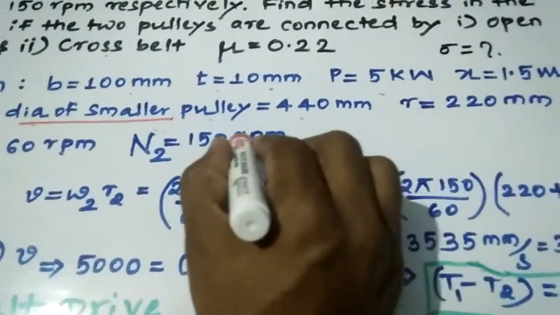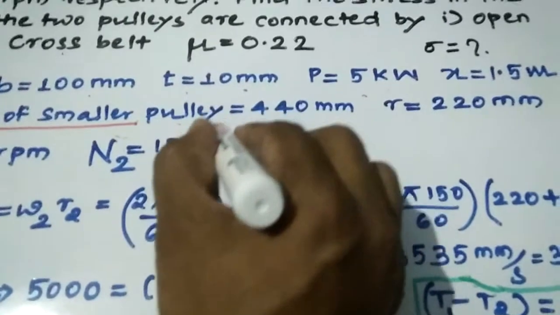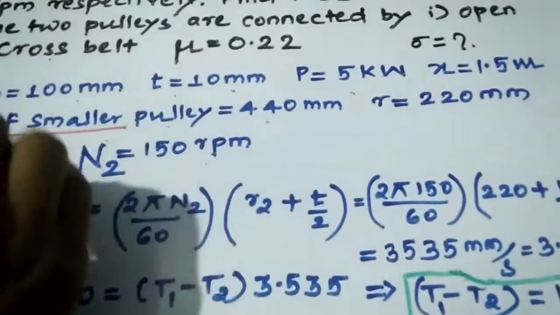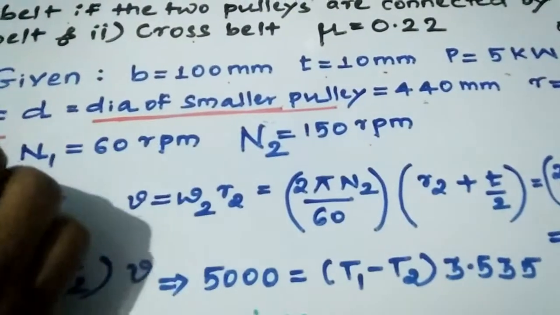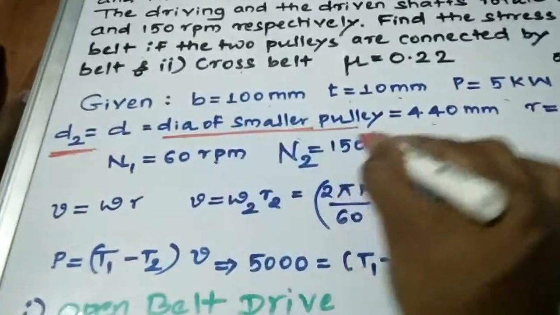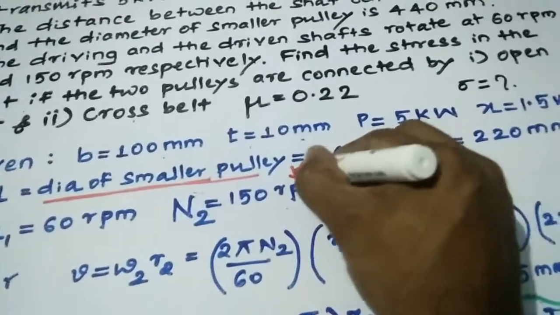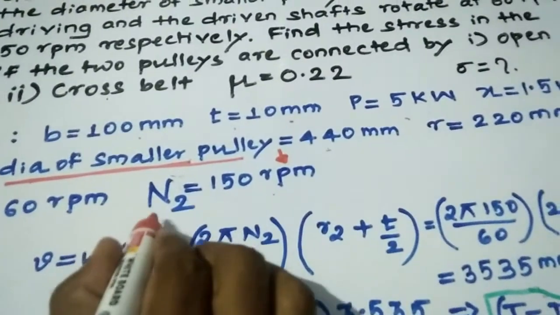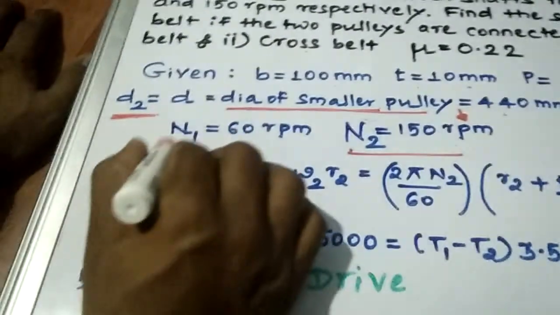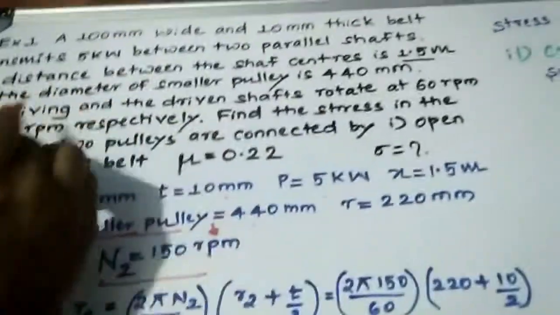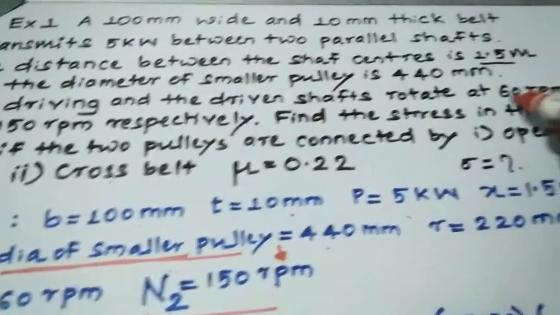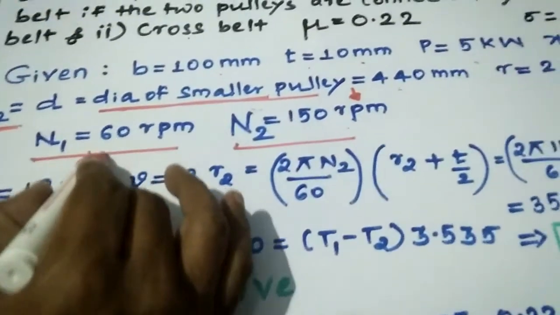That's why I have taken the diameter of the smaller pulley as D2, because the smaller pulley has the maximum speed, 150 rpm. That's why I have taken it as N2. This becomes 60 for N1, which is clearly the driver, because the driving shaft rotates at 60 rpm.